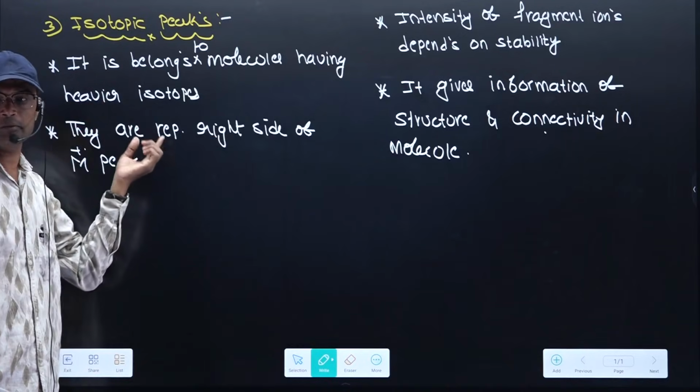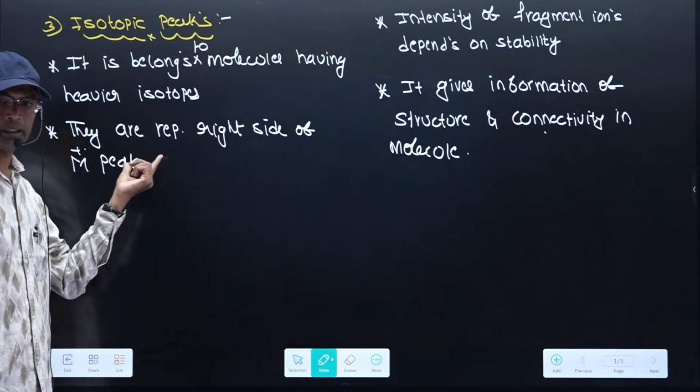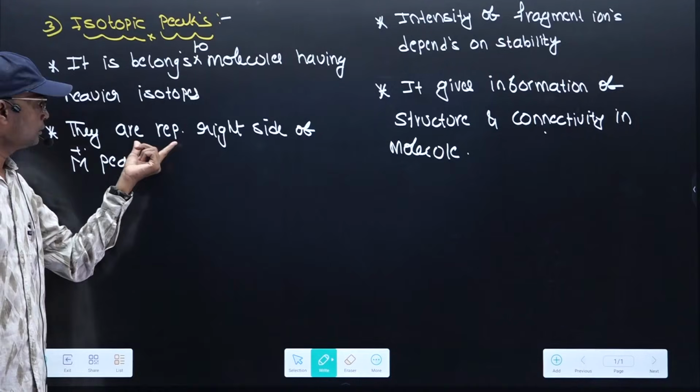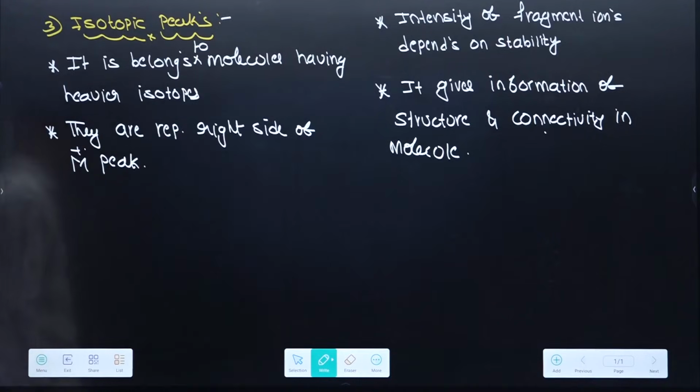If you want to represent any isotopic peak, it is exactly on the right side of the molecular ion peak. So those who have completed, you take down that one.